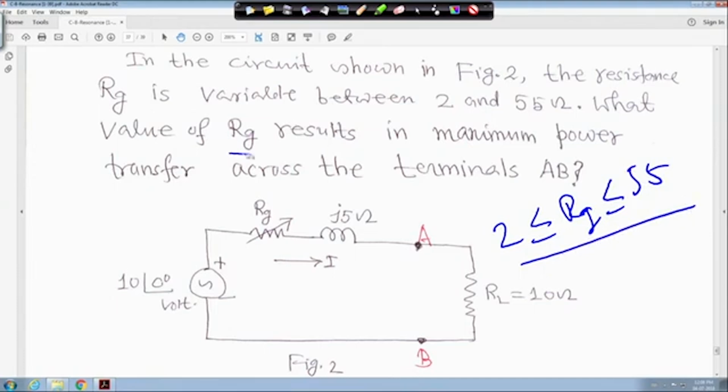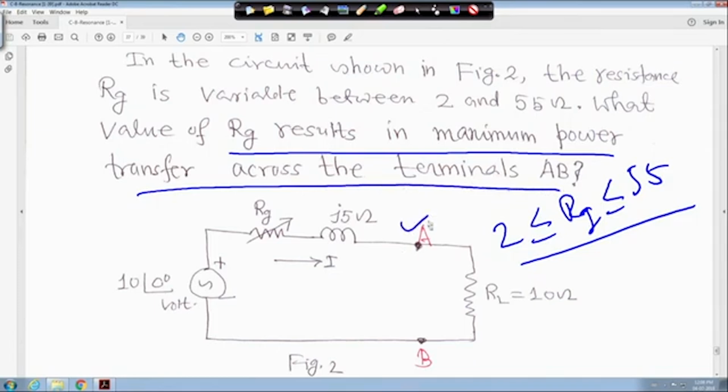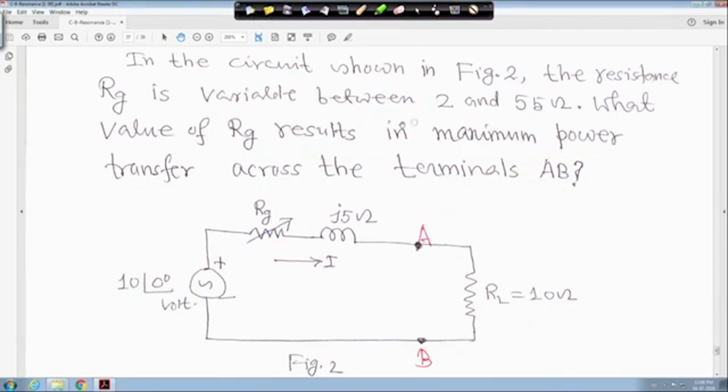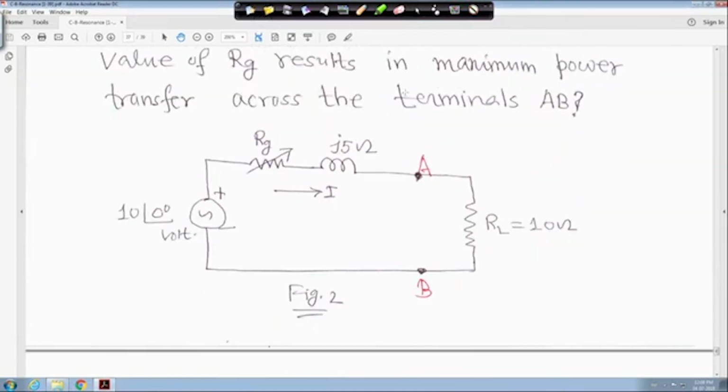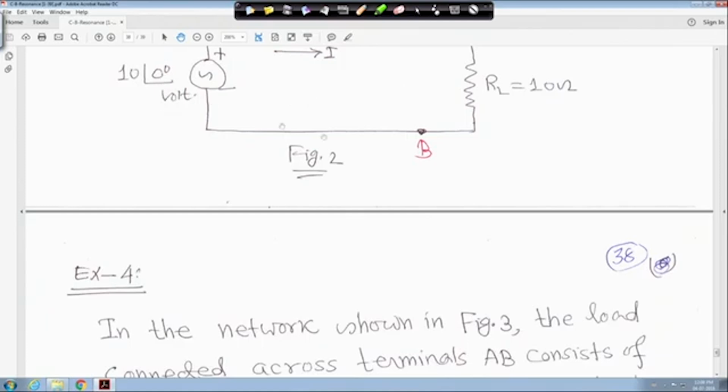Then what value of Rg results in maximum power transfer across the terminal AB? This is my terminal A and this is my B, and this Rg is variable. RL is 10 ohm and Xg is j5 ohm, right? In this case the voltage is given as 10 angle 0.